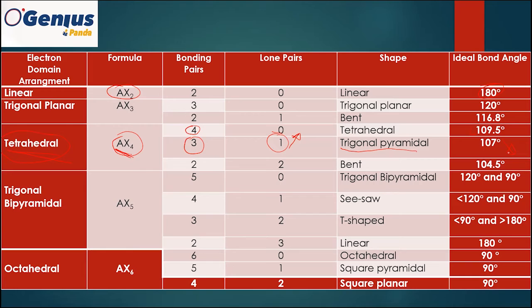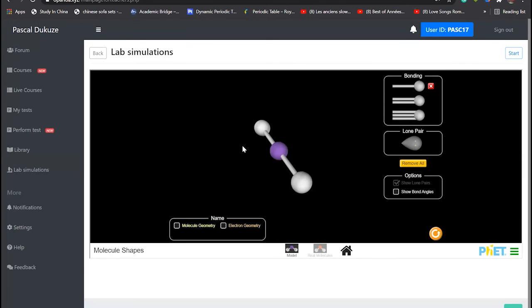How can we use the simulation to explain all this? Here we go. Here we have our molecule, which has a linear shape. Linear shape, why? Because we have a model with two bonds, two bonding pairs.